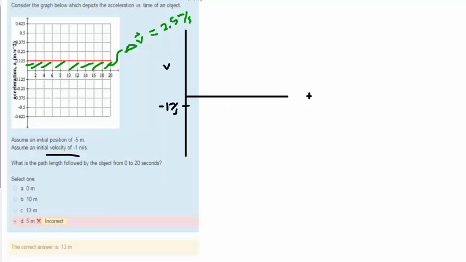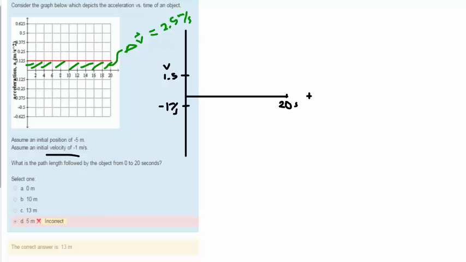That means on this velocity versus time graph, if I started out at -1, 20 seconds later, all the way at the end here, my velocity has changed a total of 2.5 meters per second. If I start out at -1, at the end of that change, I'll be at positive 1.5. Okay, because of that change of 2.5.